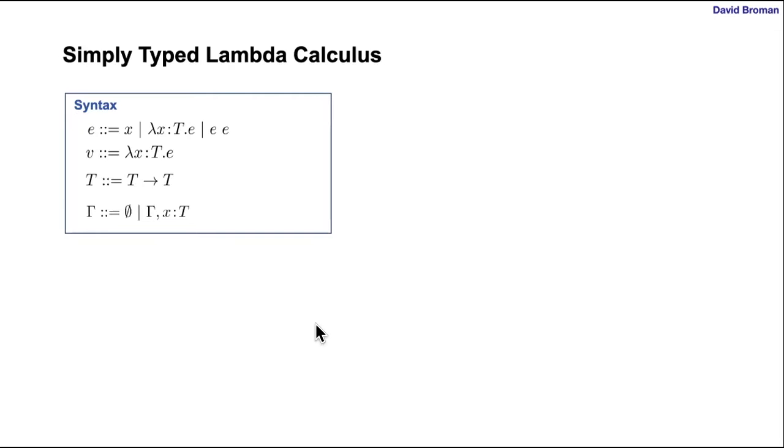Then we have the last part, called the environment. This gamma here is the environment. You can see it as a cons list. It's either empty, so there is no environment, or you take the current environment and add one element which says that this variable is associated with this type. And then you can see the recursive definition.